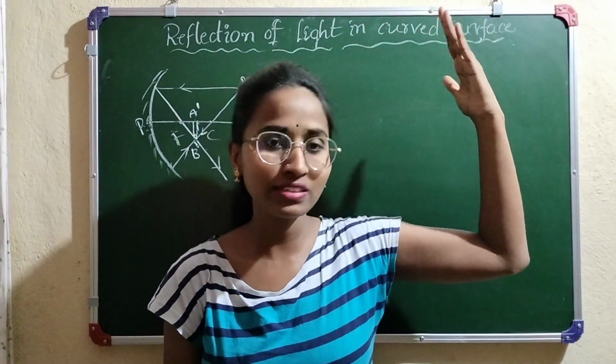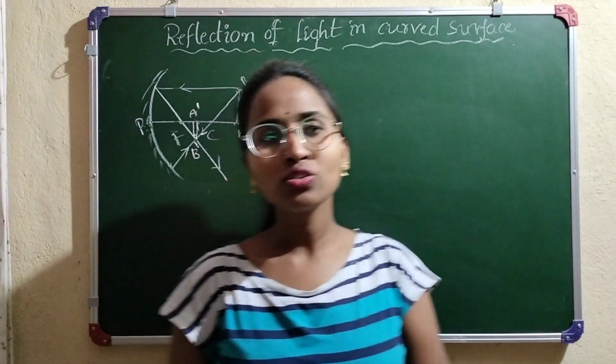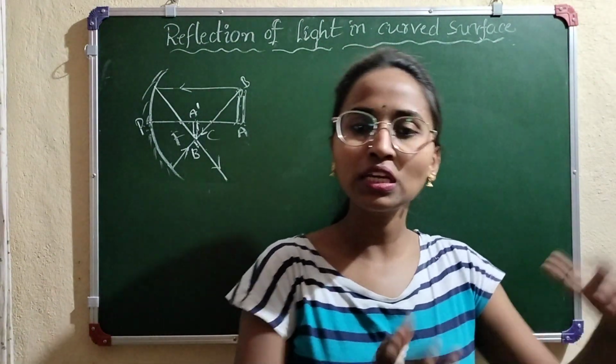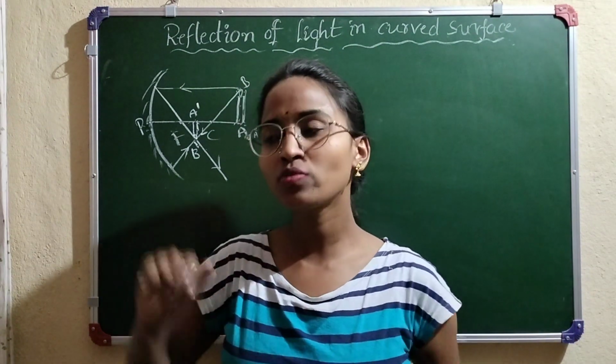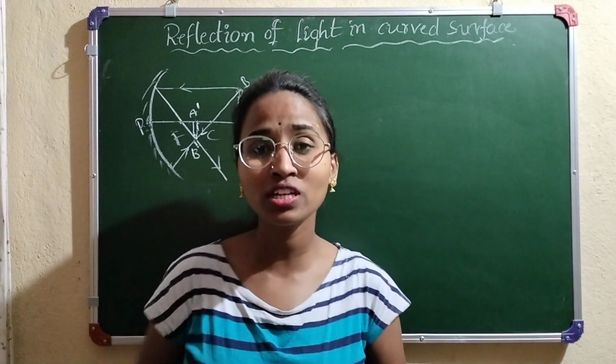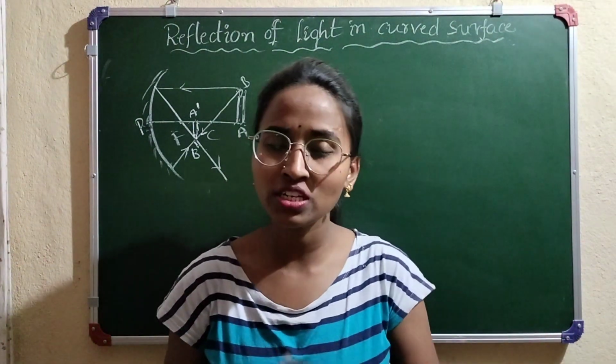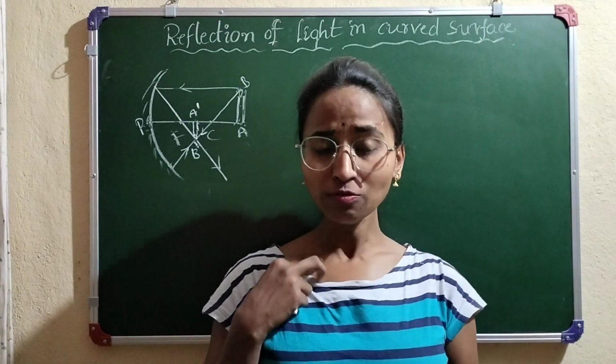You cannot keep it like this, right? So in the case of concave and convex mirrors, in which position can we see a proper image of the object we are keeping? Based on that only, we have the image formations in concave and convex mirrors, right?